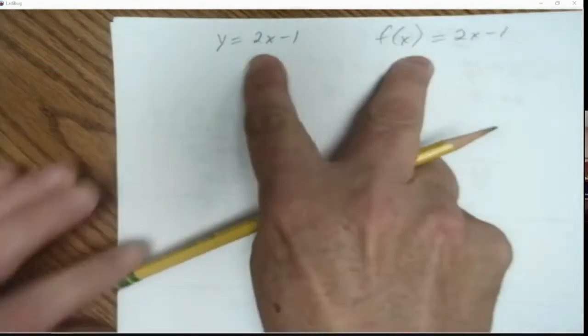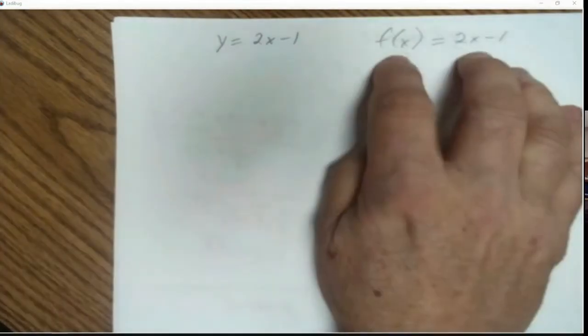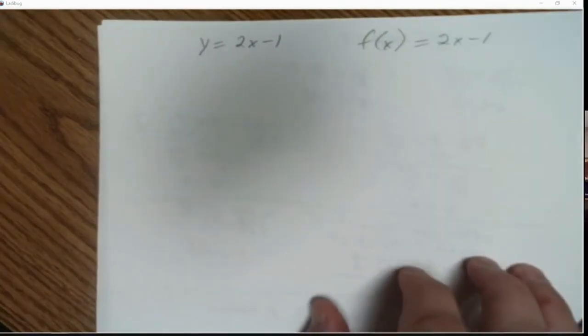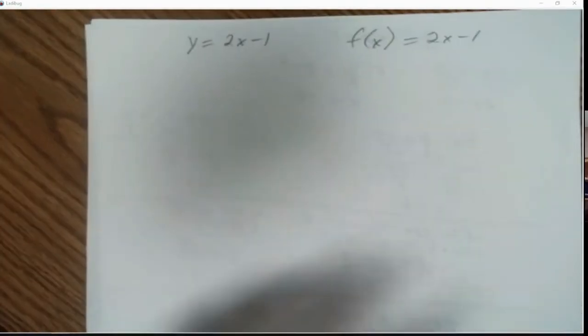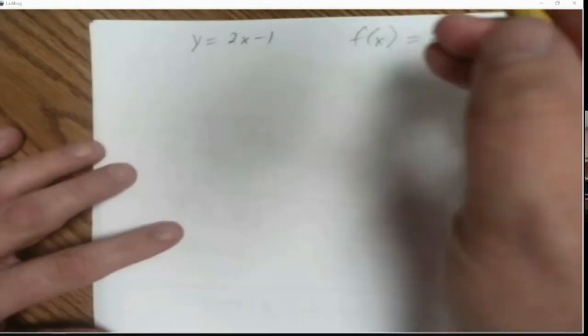Okay, f of x and y are interchangeable. This is just called function notation, where this is our standard form that we're used to seeing. So, function notation, we can do a lot with that. Because a lot of things we do with functions is different operations.